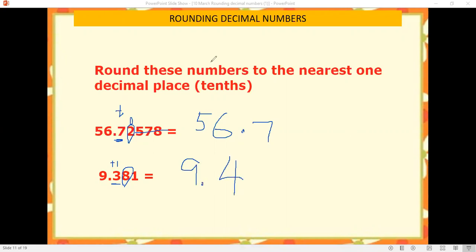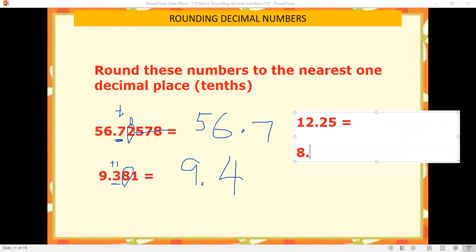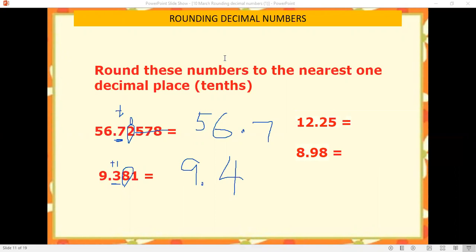Okay, another example again. So I'm going to give more examples. So it will be 12.25. Another one, and the last one, how about this? Okay, so which one are we going to underline? The nearest one decimal place.